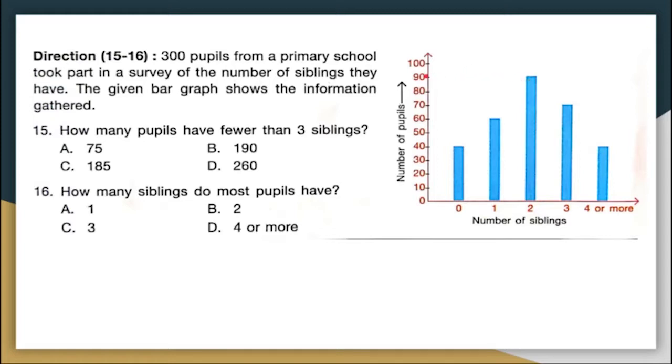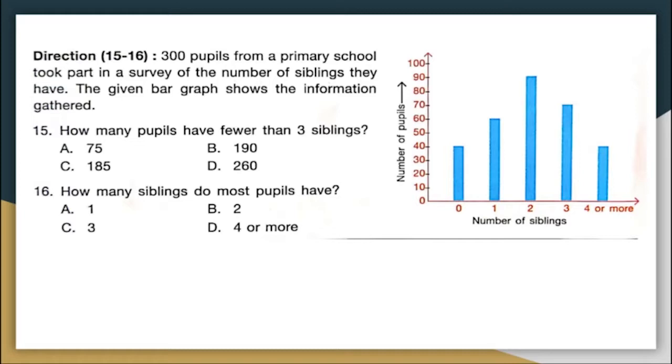Now, what is the first question here? How many people have fewer than 3 siblings? Fewer than 3 siblings means a person who has either 0, 1, or 2 siblings. All those people fall under the category of having less than 3 siblings. So people with 0 siblings plus people with 1 sibling plus people with 2 siblings.